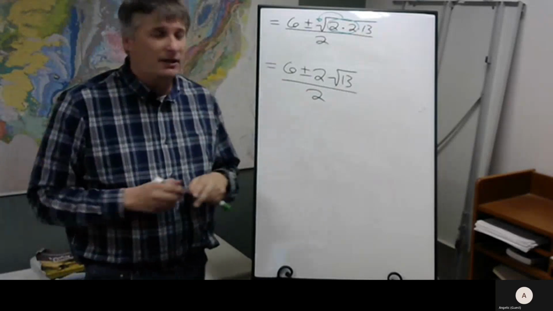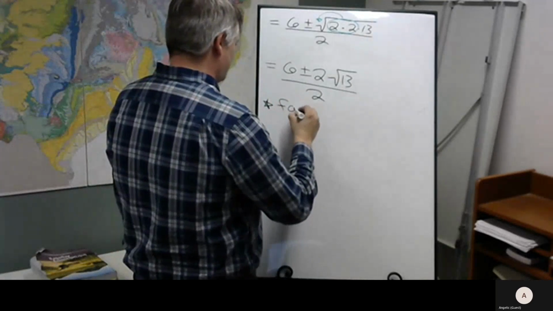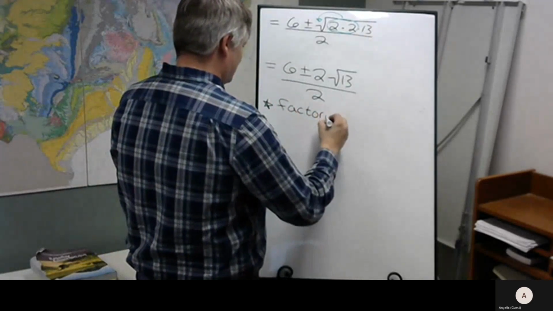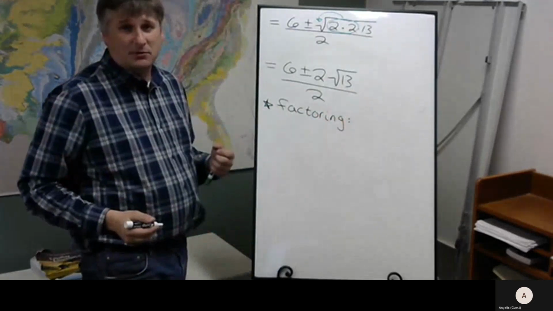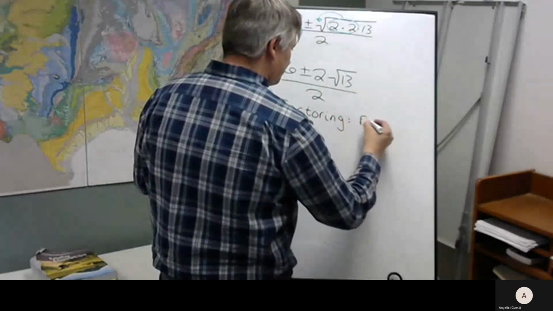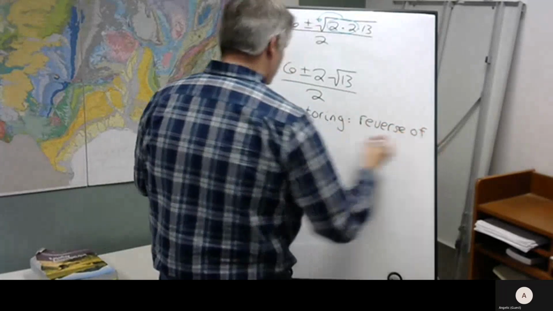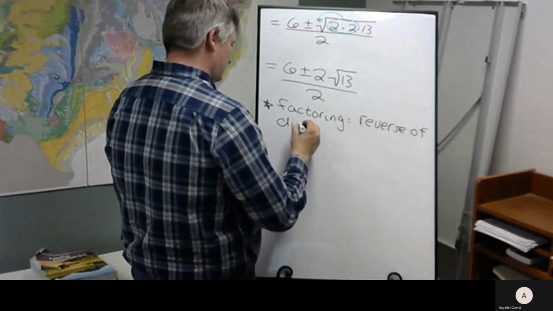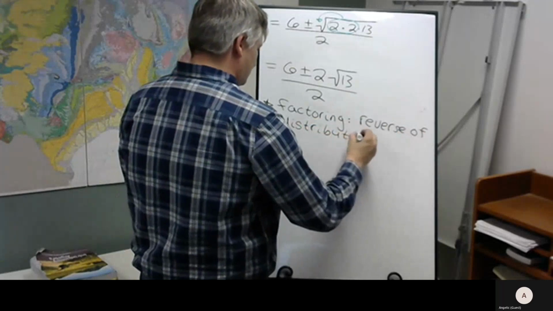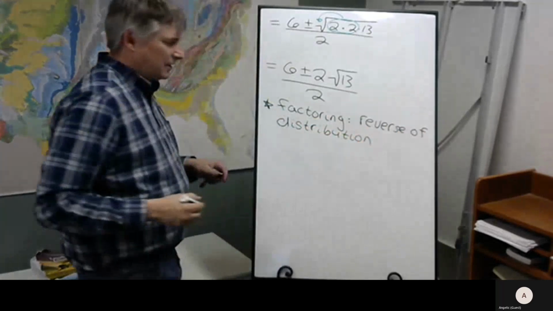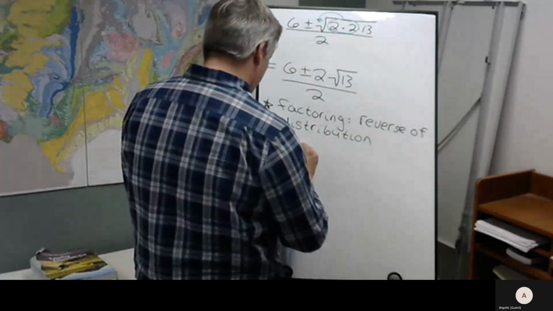Now, factoring is the reverse of distribution. So if you think about distribution, let's say we have this.